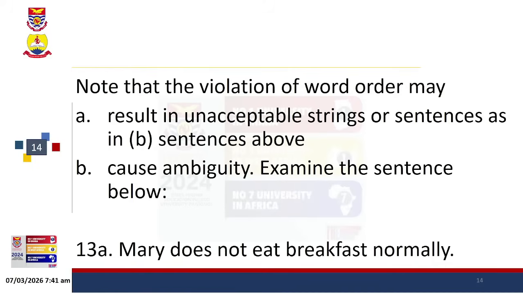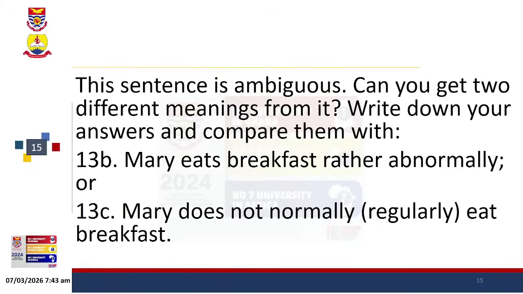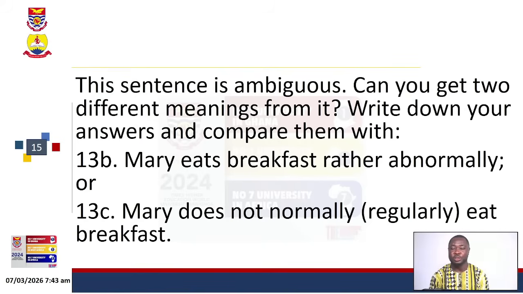What is the meaning of sentence 13a? This sentence is clearly ambiguous, if you didn't know. It is ambiguous, but can you tell, anytime you say a sentence is ambiguous, you should be able to identify the 2 or more meanings that are contained in the sentence. Can you write down the 2 meanings that can be found in the sentence?